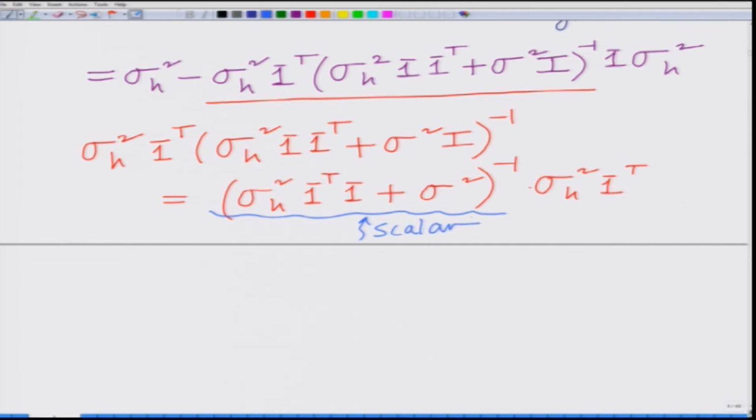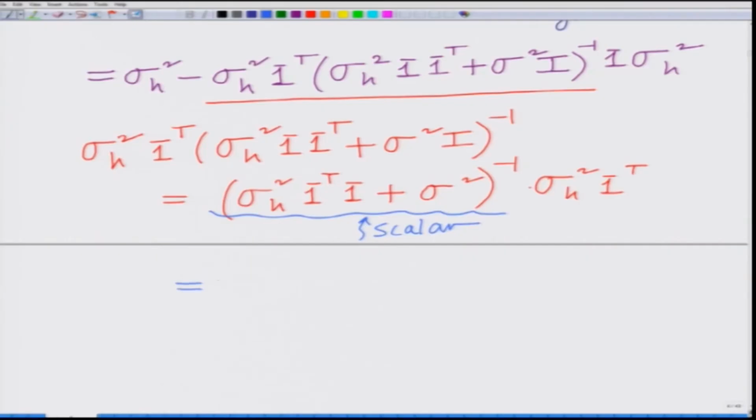Therefore, this quantity is a scalar, correct, because 1 bar transpose is a row vector, 1 bar is a column vector, and 1 bar transpose 1 bar is n. So, this quantity is a scalar. In fact, its inverse is also simply going to be its reciprocal, because it is a scalar. Okay.